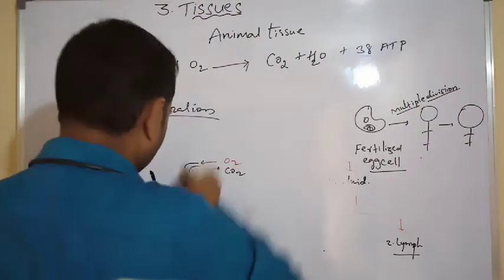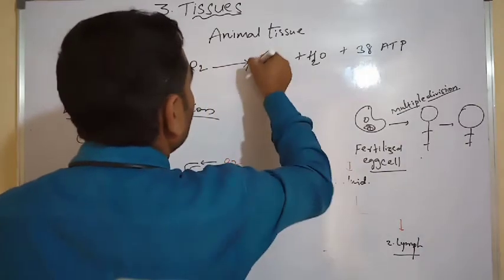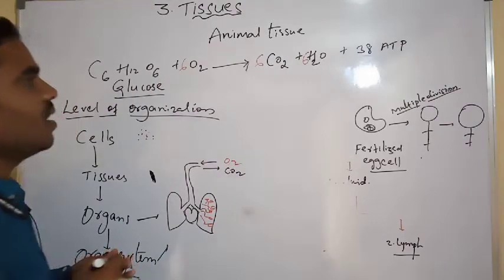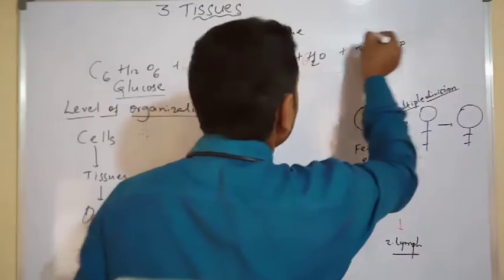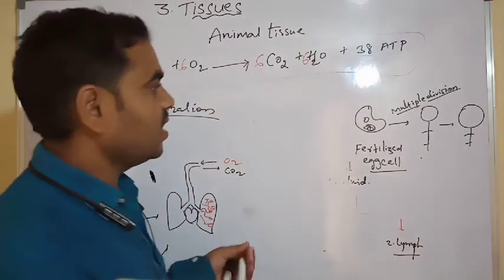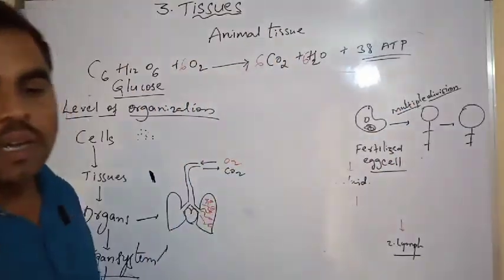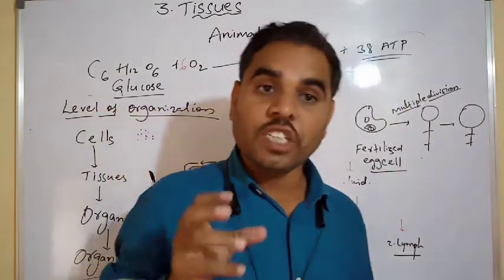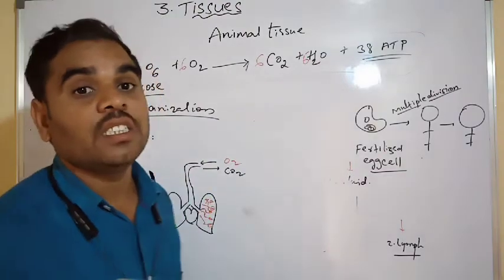See, the mitochondria produces 38 ATP energy. That's why we call the mitochondria the energy currency.